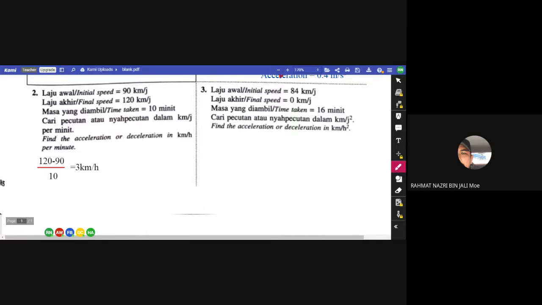We refer to the question. Find the acceleration or deceleration in kilometer per hour per minute. Okay, so your final answer should be stated in kilometer per hour per minute. You have to mention it. Not finished yet. Okay, correct. You must write per minute as well.